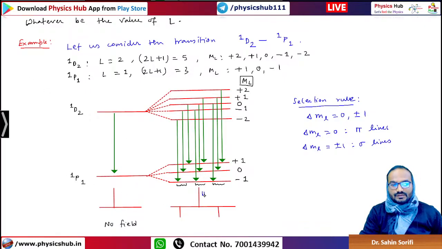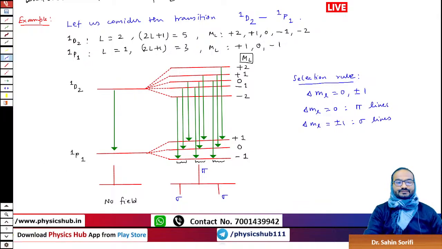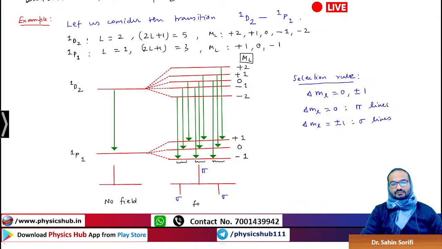This is your pi line, these are the 2 sigma lines. No field, and this is field. So I hope you have understood the normal Zeeman effect.